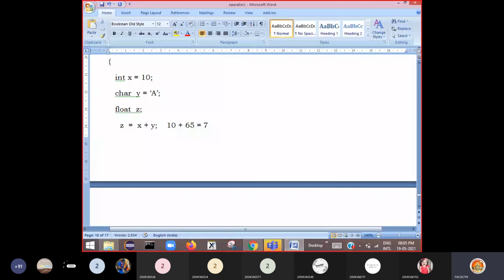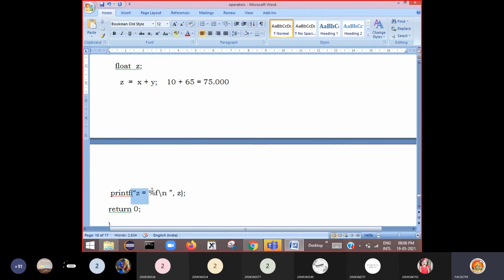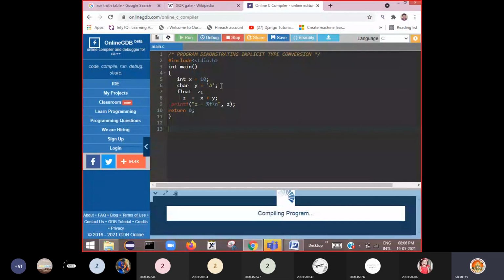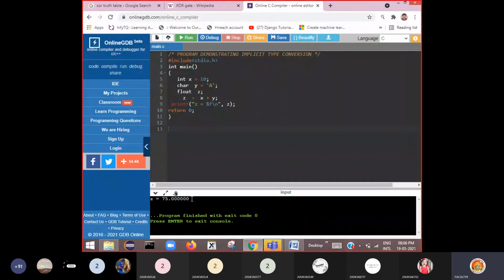This constant 75 will be converted to a floating point constant. Internally it will be converted to the highest type, 75.000. So when you print Z, you get the output 75.000 on the screen. Z is equal to 75.000.